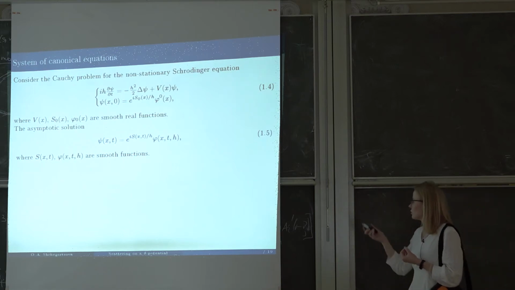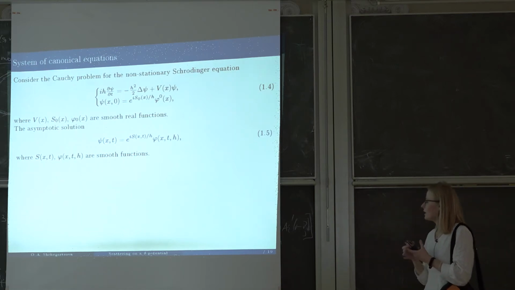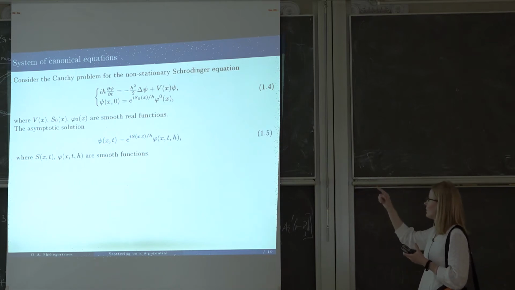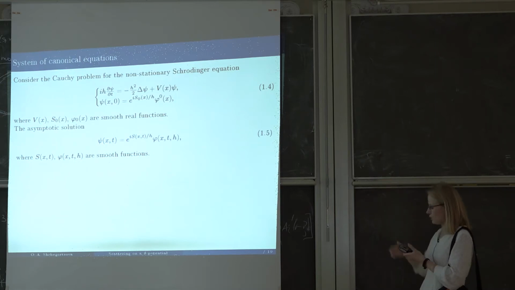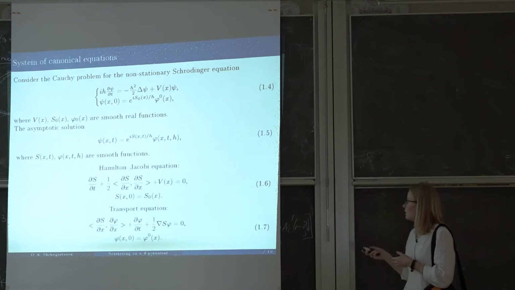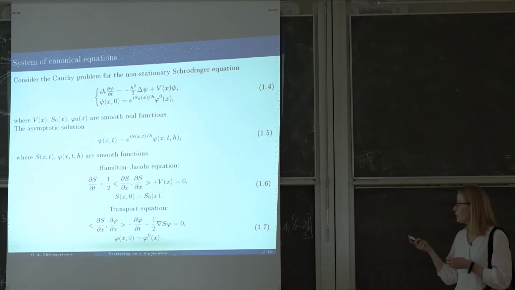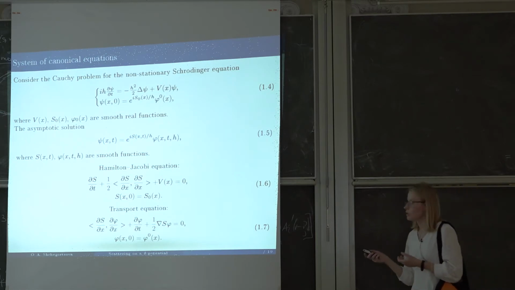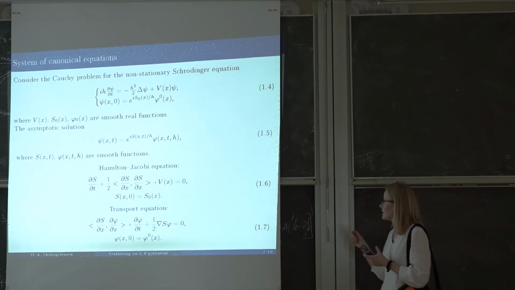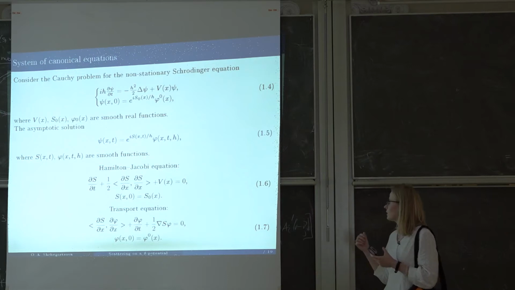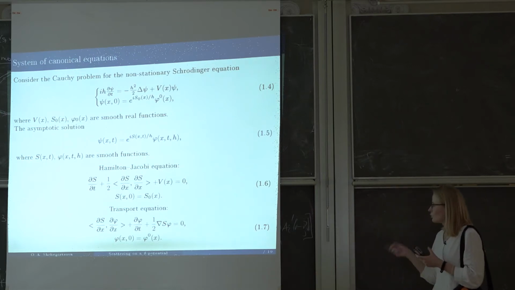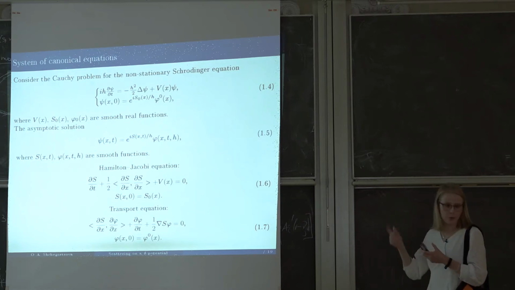Here all functions are also smooth, and then we can put formula 1.5 into our Schrodinger equation, and then we will have the following equations: the Hamilton-Jacobi equation with initial data and the transport equation, also with initial data. This is how we can reduce the construction of the asymptotic to solving two types of equations.